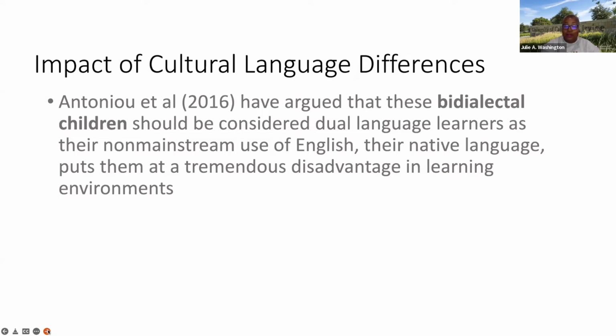And so Antonou et al., who are in Cyprus, talk about giving consideration to thinking about these kids as dual language learners, because they are trying to manage two dialects. So they're dual dialect learners. They may be bidialectal or multidialectal, just like you can be bilingual and multilingual.